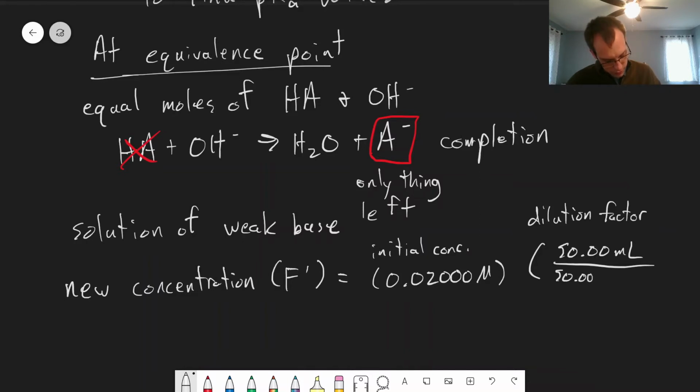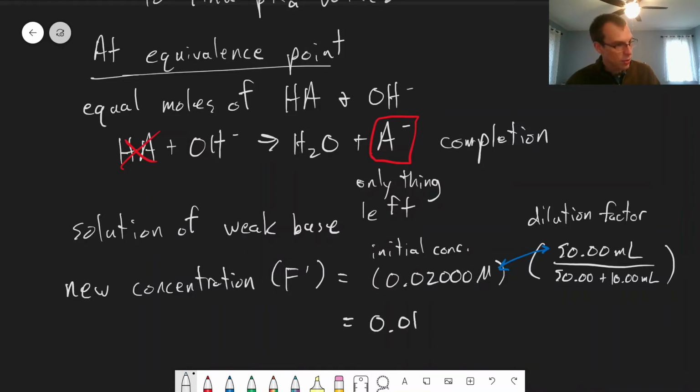In this case, 50 plus 10 milliliters. We know it's 10 milliliters because we calculated the equivalence point earlier. Okay, and so that's just, if you think about it, if we take these two multiplied together, this will give us the moles, and then we need to divide by the new volume. Okay, so that gives us our new concentration will be less.